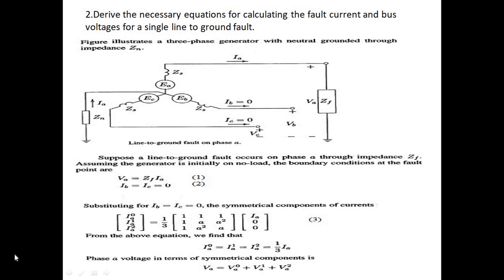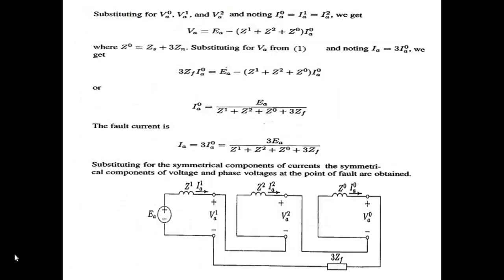From the above equation we find that IA0 is equal to IA1 is equal to IA2, that is equal to 1 by 3 IA. Phase voltage in terms of symmetrical components is VA is equal to VA0 plus VA1 plus VA2.